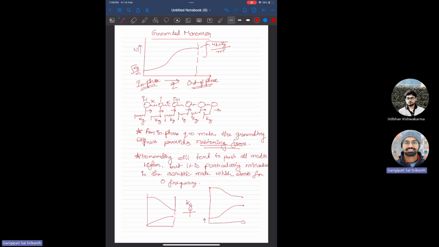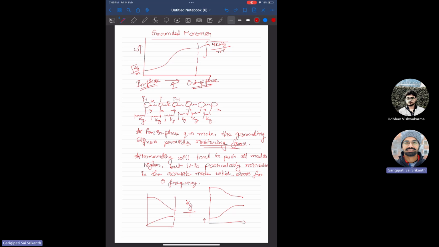By exactly what amount will depend on the mode shape, but we expect to see grounding pushing up all the modes. And the same thing we expect in locally resonant systems. Even in the locally resonant systems, we can have grounding.